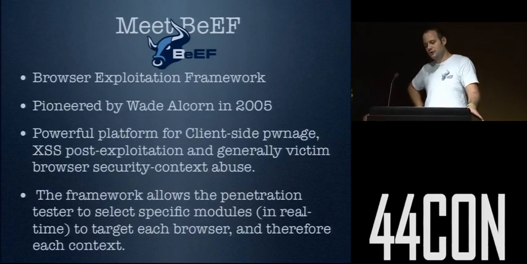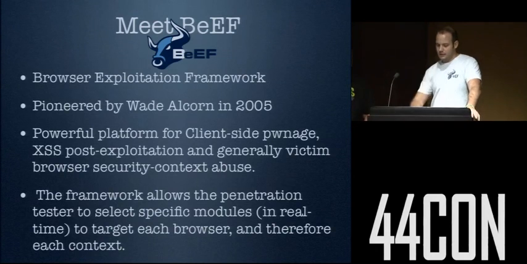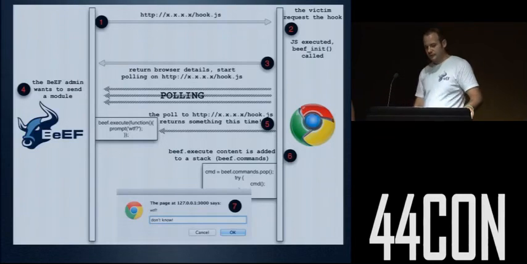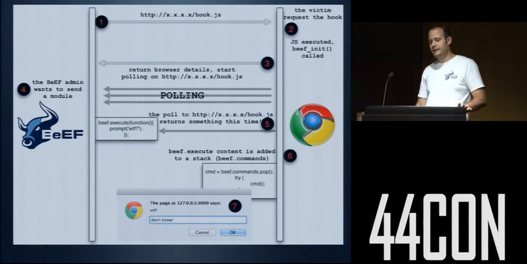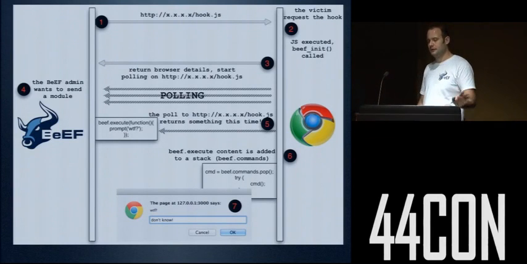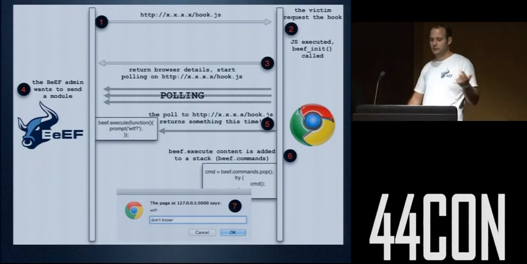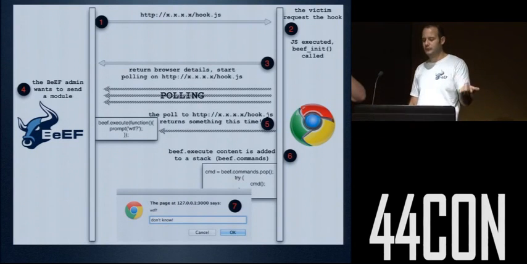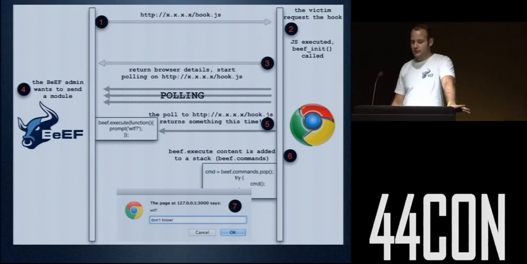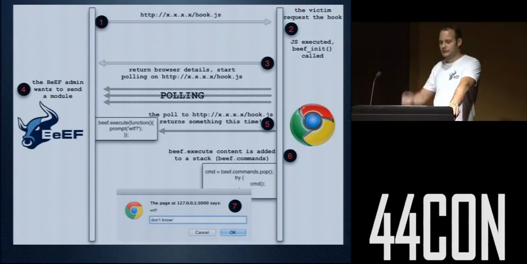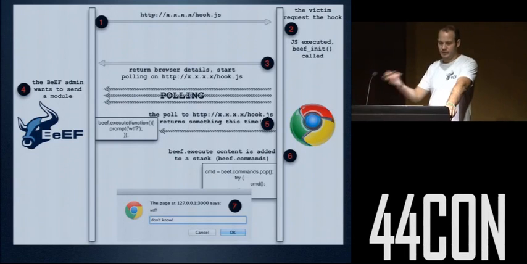This asynchronous communication channel works in the following way. Let's say you have a page where you can put some JavaScript. It could be a phishing page, a persistent XSS, or a website where you found SQL injection and put something malicious in the database that is then retrieved and rendered on a page.